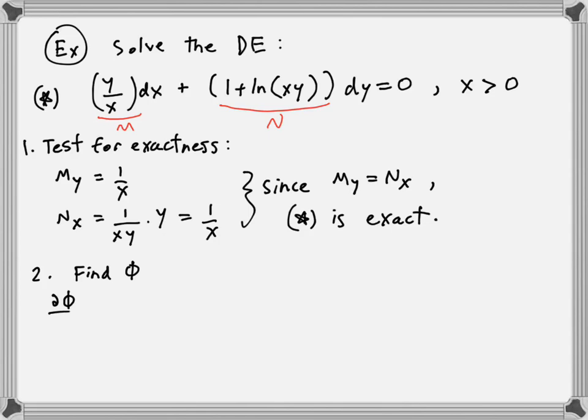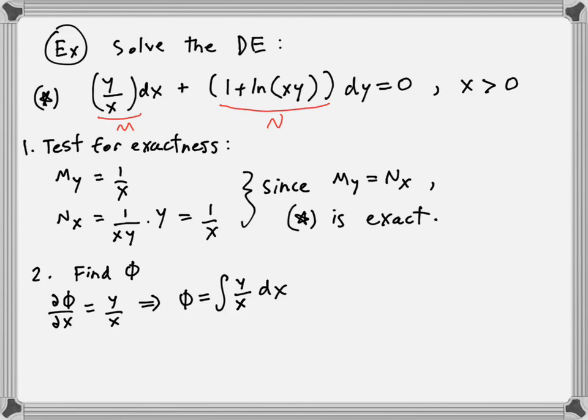The partial derivative of phi with respect to x has to equal y over x, which means that phi has to equal the integral of y over x dx. So how do you integrate that with respect to x?